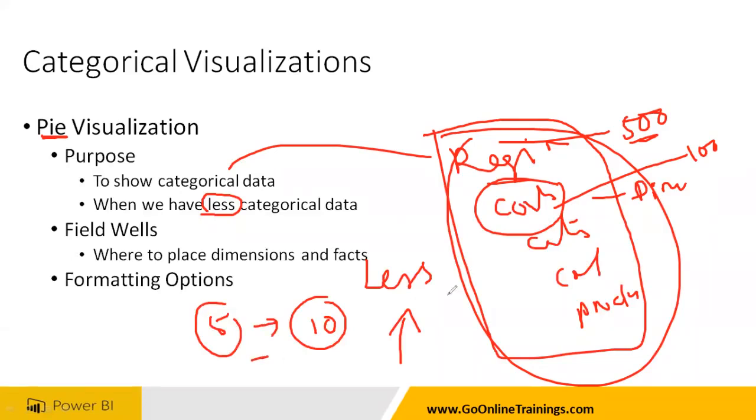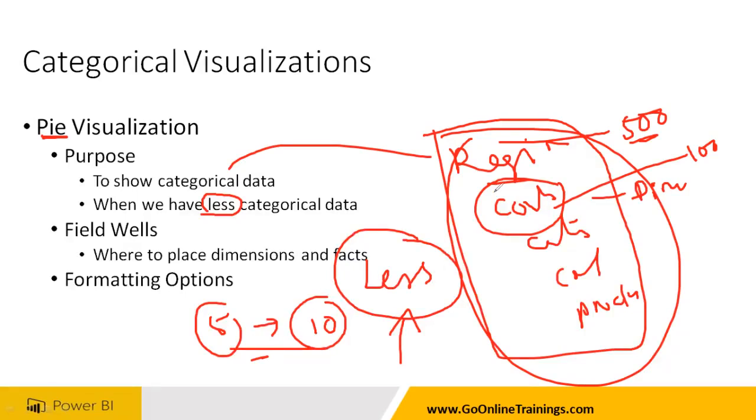When you have more and more data, 100 values, 200 values, 300 values, definitely the pie chart is not very good. So the pie chart is for very little categorical, dimensional data. 5 to 10 values maximum is what I would like to display.